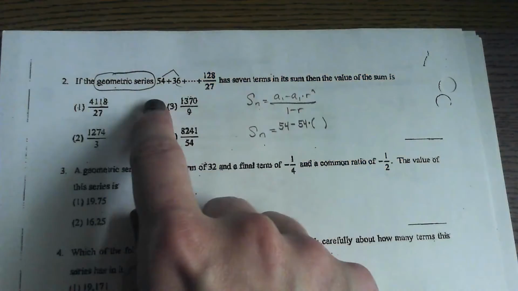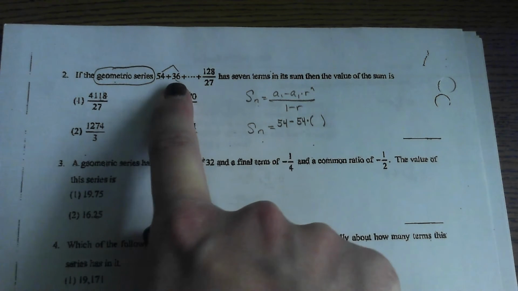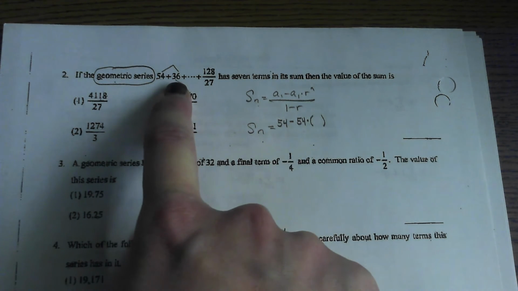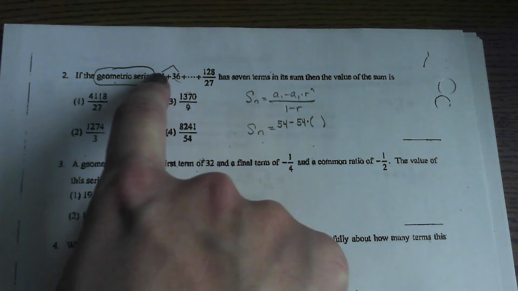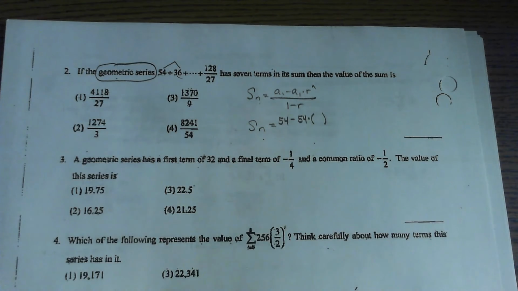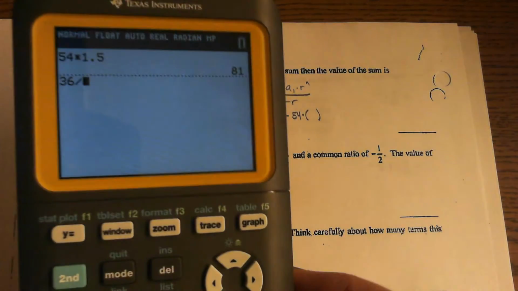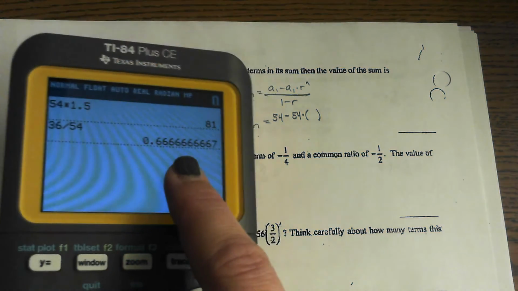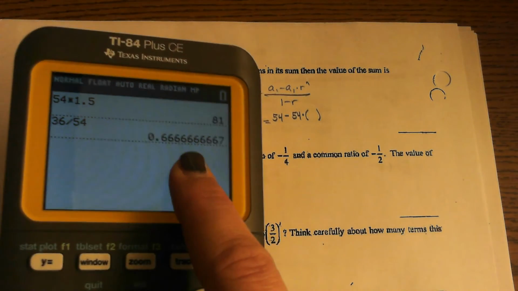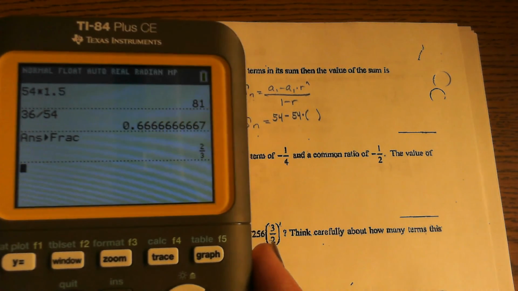So now, some rates are easier to see than others. This one, not obvious, right? So if you want to figure out what the multiplier is moving forward, do division backwards. 36 divided by 54 will give you a multiplier of 0.6 repeating, which if we math frac that, 2/3.